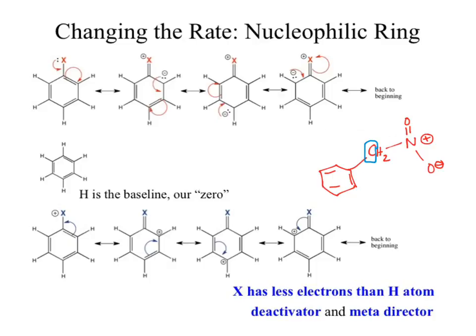We do have an electron withdrawing group further out there, but we want to keep our focus on the atom attached to the ring. The atom attached to the ring has more electrons than hydrogen, albeit it's starting to lose some of them. So it's not a super strong activator, but it is still an activator. Okay? So don't just look for, oh, there's a positive charge out there. Look for the atom attached to the ring.